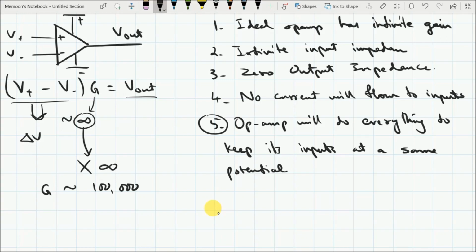Now, 100,000, 200,000 or 300,000, these are finite numbers. And when multiplied with any other finite delta V, it will result in a finite V out.